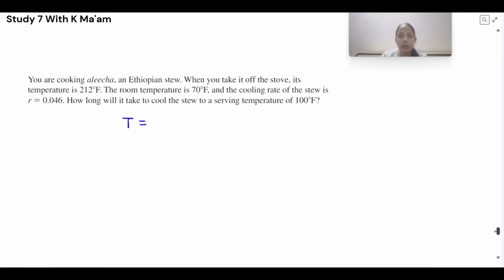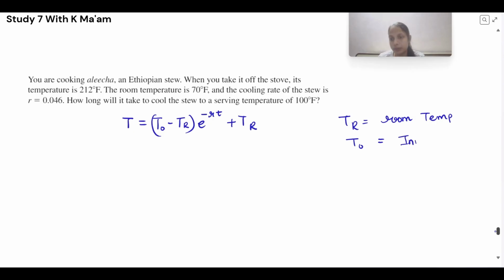The formula is T equals (T naught minus T sub R) times e power negative r t, plus T sub R. T sub R is room temperature. T naught is the initial temperature.